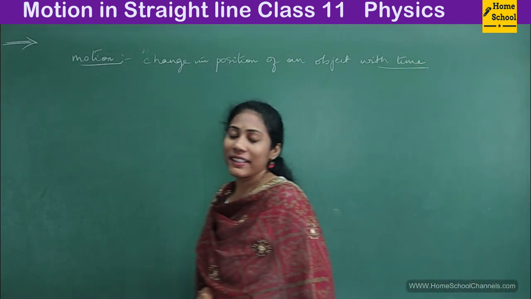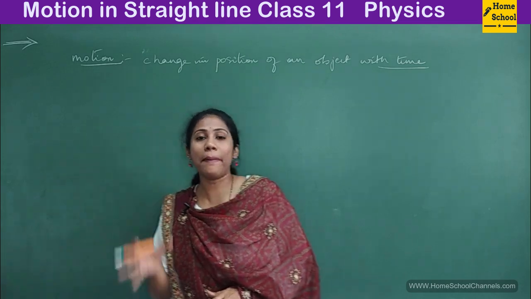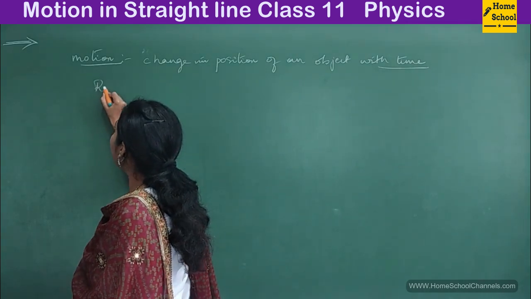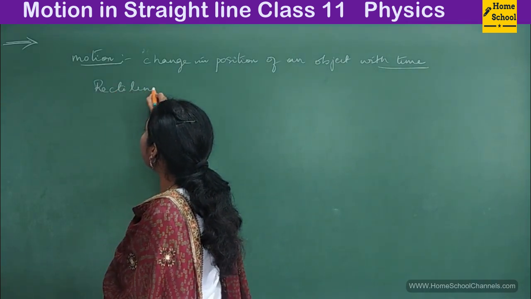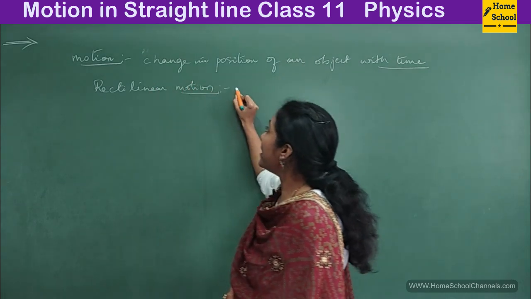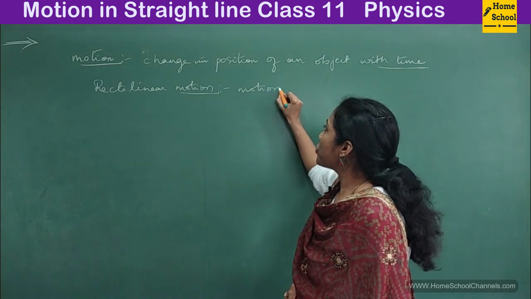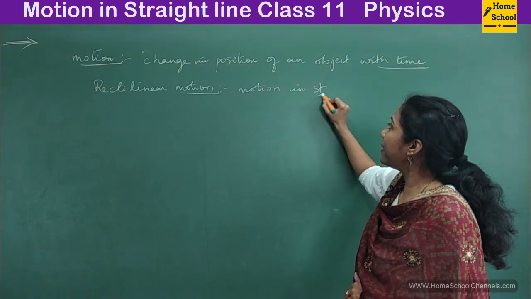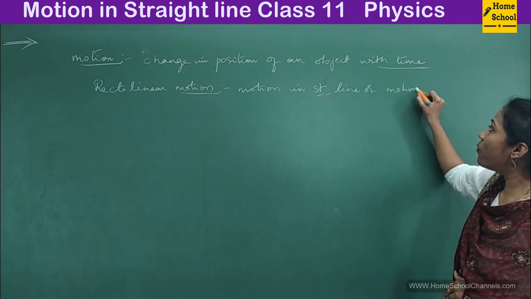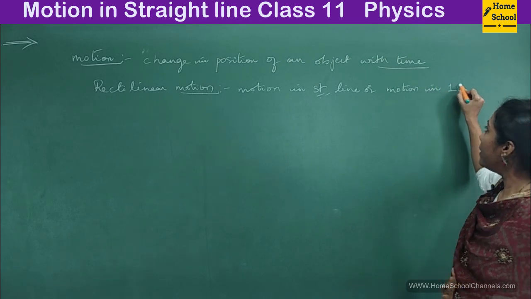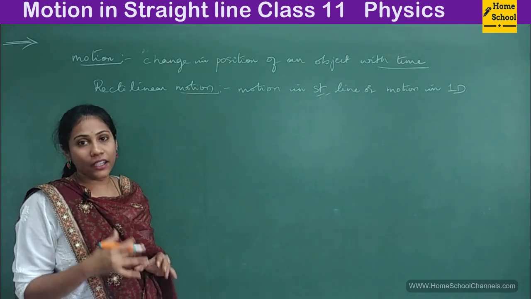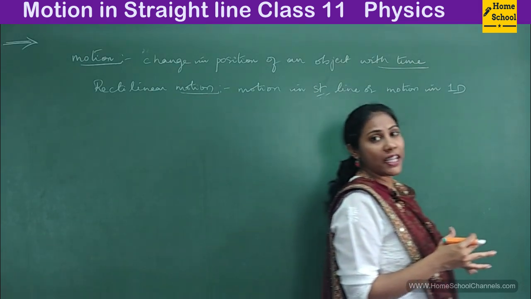This chapter is all about rectilinear motion. What do you mean by rectilinear motion? Rectilinear motion means motion in a straight line, or we can also say motion in one dimension. Say I move only in one dimension.